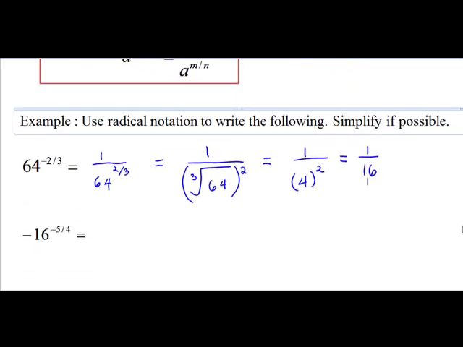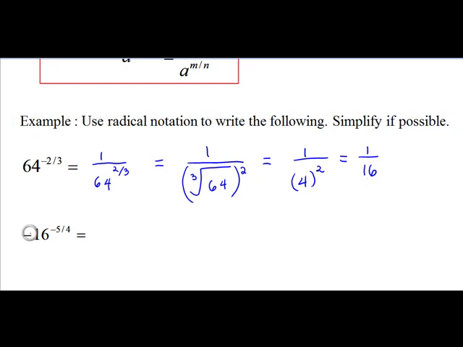Let's try the next example. Now we have a minus here and there are no brackets. That means this minus tells us the whole problem is a minus. 16 is the base. So I'll put a minus here, 1 over 16 to the 5 over 4. Now, what I did here is, when you put a 1 over the fraction, you change this exponent to positive. But this minus right here is still the same.